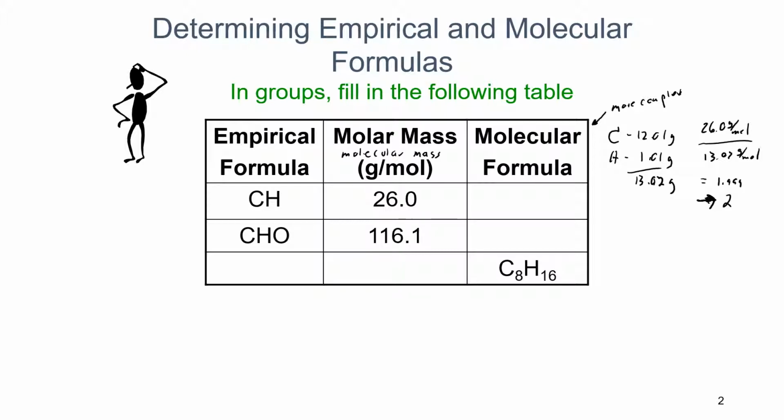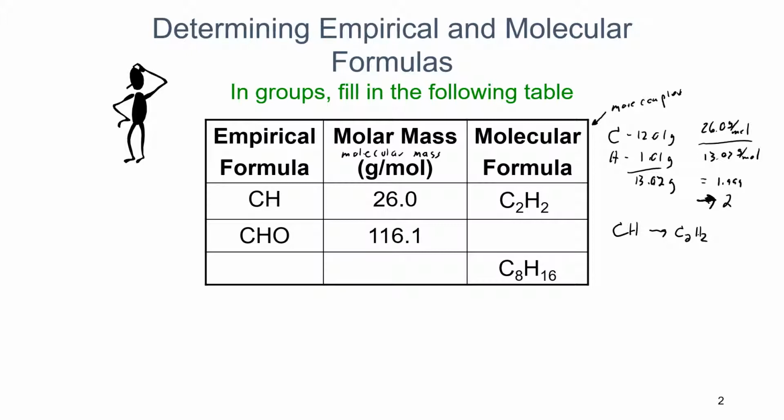So what that tells us is the molecular formula is not CH, but instead we multiply each one by 2, and that gives us C2H2. And so C2H2 has a molar mass of 26.0 grams per mole. And then the empirical formula is the simplest way to write that ratio. We divide each of these by 2, we get 1 carbon, 1 hydrogen, and that's our empirical formula.